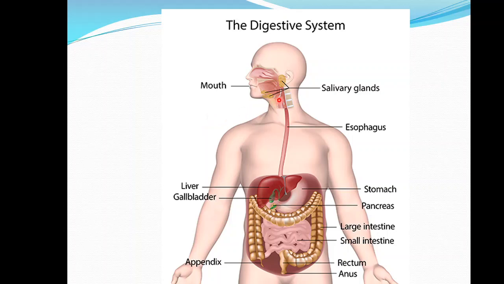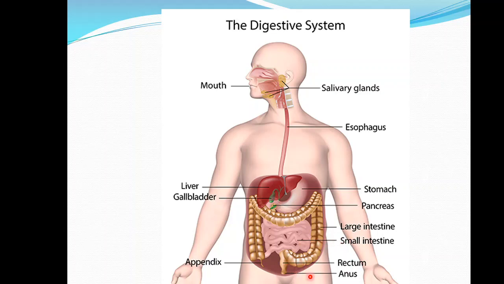Then the esophagus, which is the pipe that runs all the way from the mouth to the stomach, and then the stomach, the pancreas, the liver, the gallbladder, the large intestines, the small intestines, the rectum, and the anus.